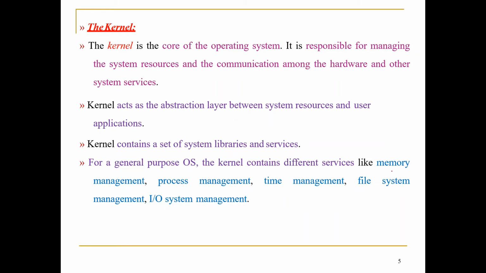So memory management means which part of the memory has to be used and which part of the memory has to be reserved. Process management, which process has to be done first and which process has to be done next. Time management, how fast it has to be done and how slow it has to be done. File system management, there will be a lot of files present in the system and they have to be managed.